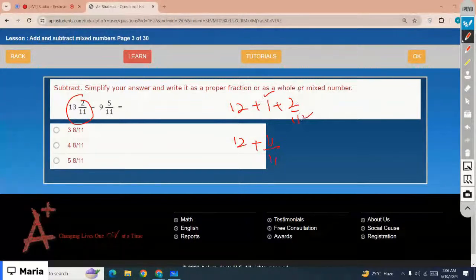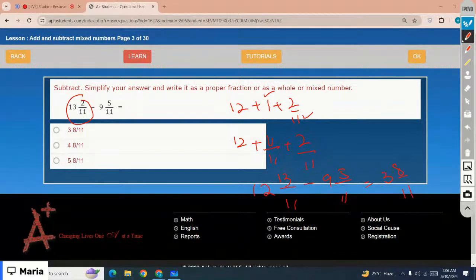And 11 over 11 makes 1. So you can now add 11 plus 2 makes 13. So 12 whole 13 over 11 it is. Now you can subtract. So 12 minus 9 is 3 and 13 minus 4 is 9. Right?